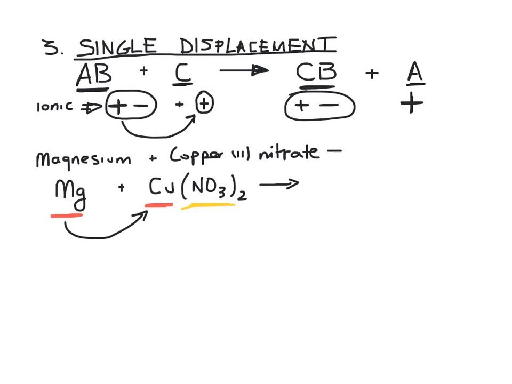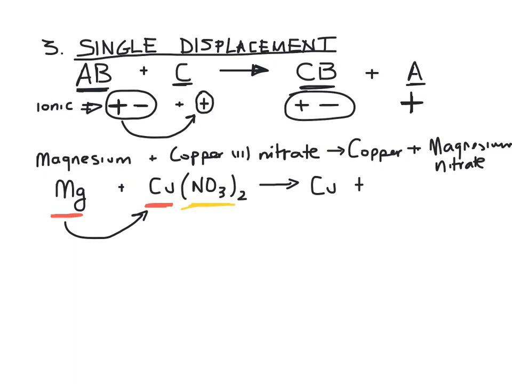So what you're going to end up making is copper all by itself. So copper is going to be out by itself. And what's forming? Magnesium nitrate.